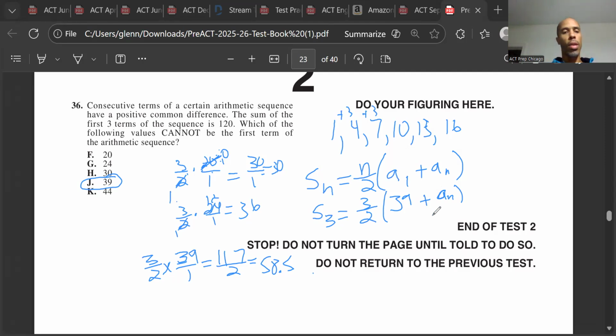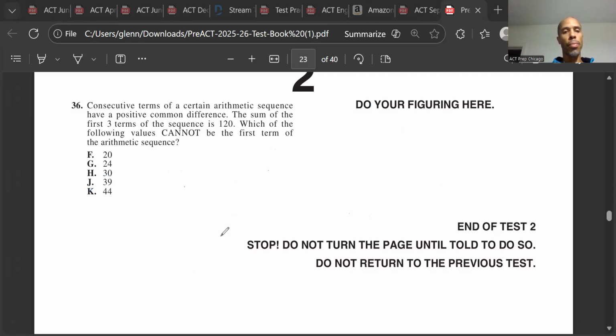All right, so I'm not seeing it that way. Let's try one more way. Let's say the first term was 20 and the three terms add up to 120. So we'd have 100 left.